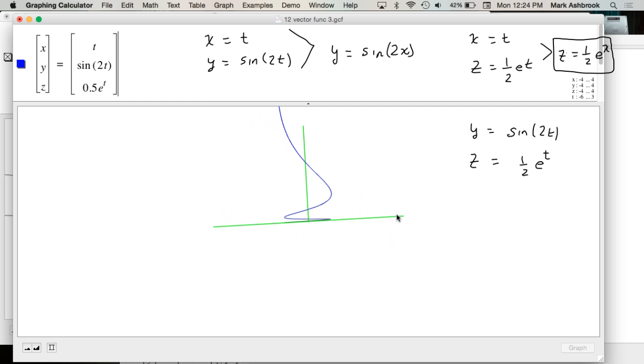So basically what happens here is, for lower values of z, it's going to fluctuate rapidly, but then as z increases, the exponential is going to take over. So for low values of z, the oscillation is more apparent, and for high values of z, the exponential is going to dwarf the oscillating factor. So I could zoom out here.